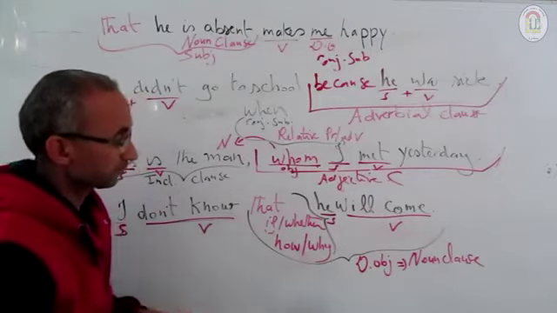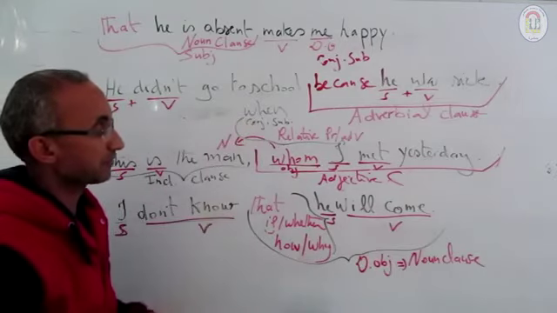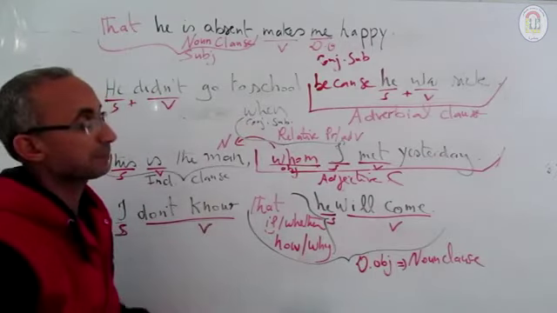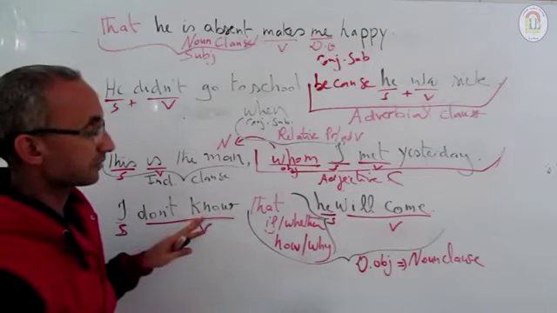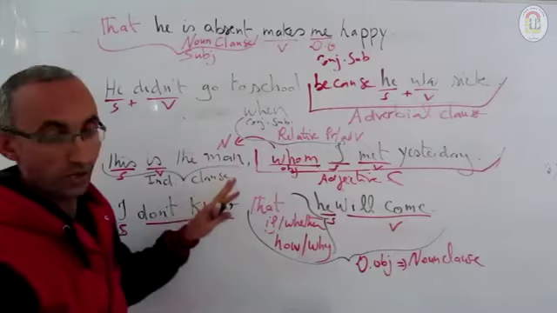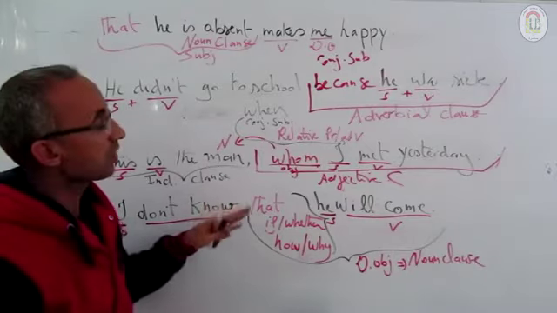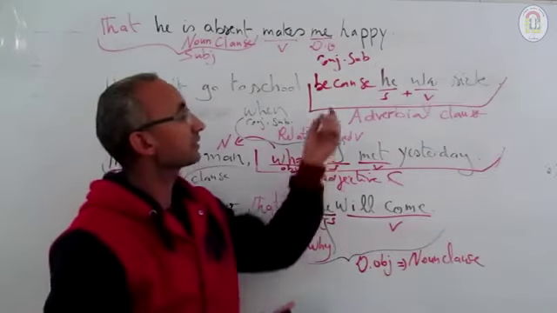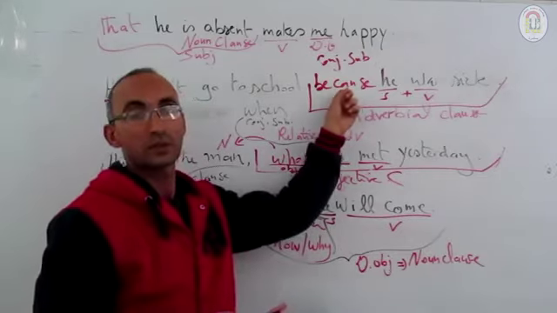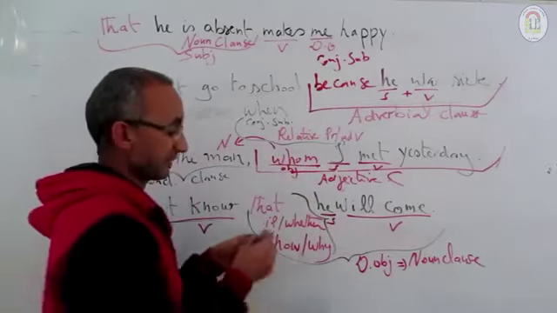Also, another remark concerning these three types of dependent clauses. As you see here, all of them start with these markers. They are the first elements in them.